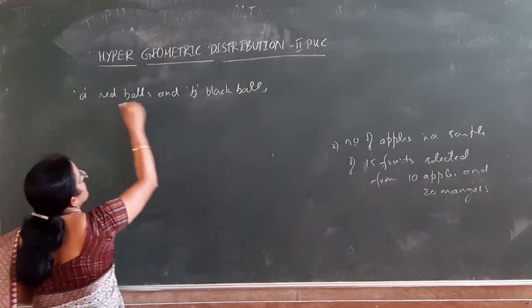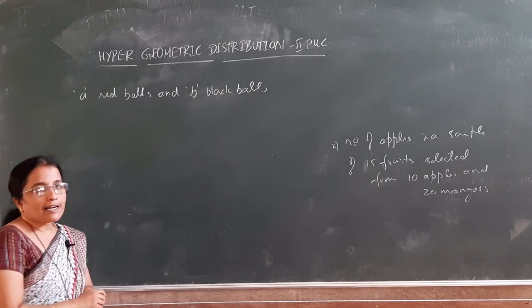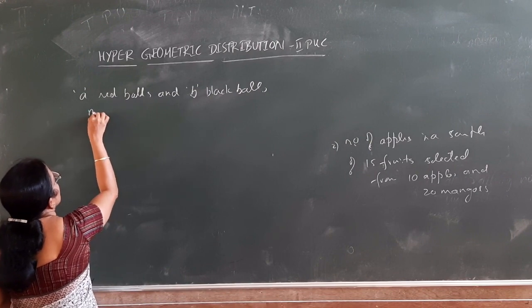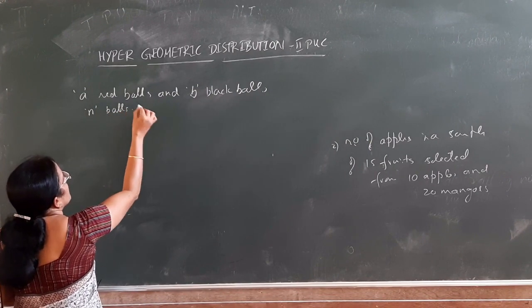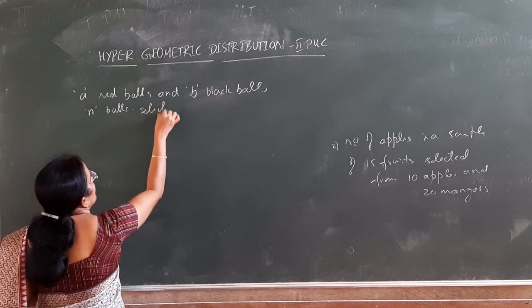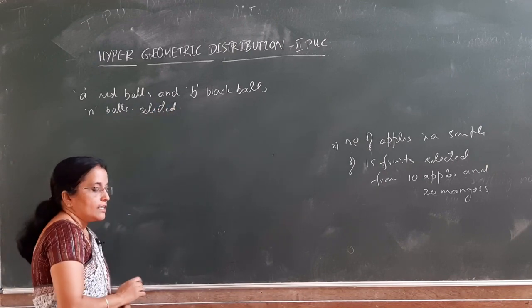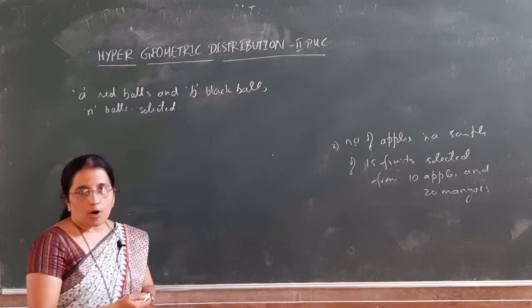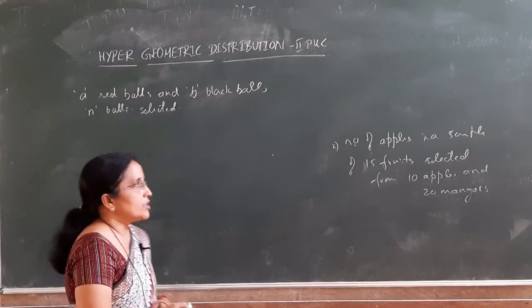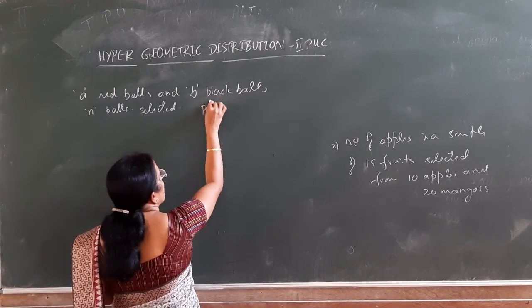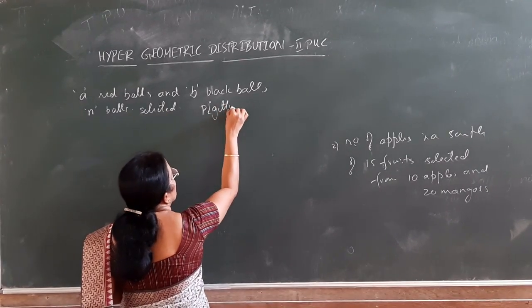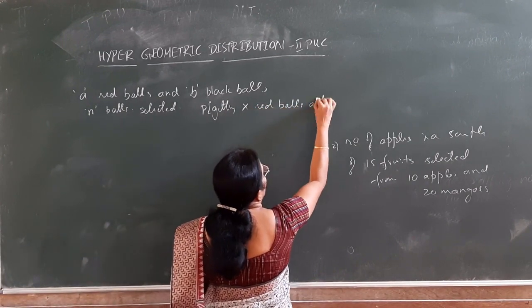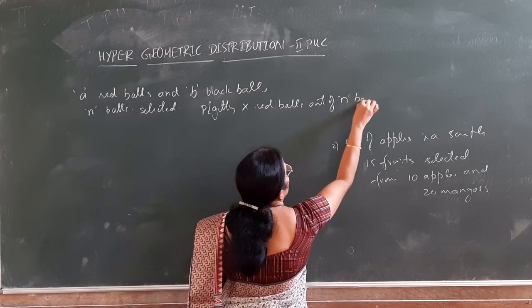Suppose n balls are selected at random from the box. Then how to find the probability of getting x red balls out of n balls?